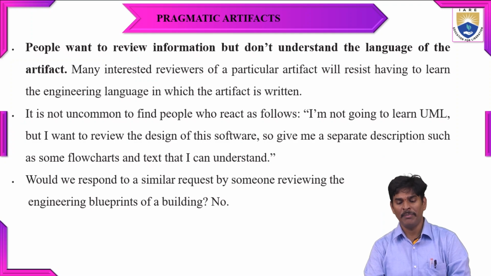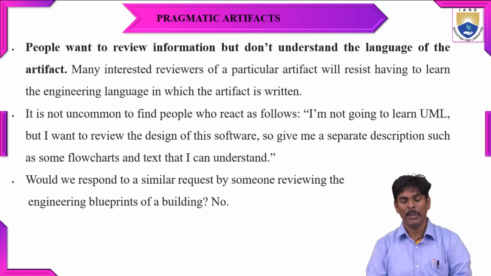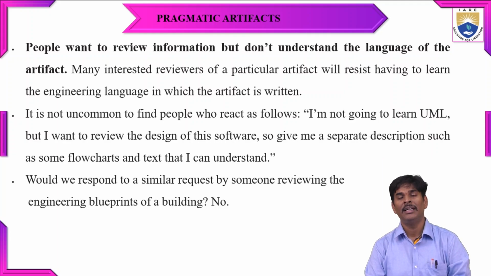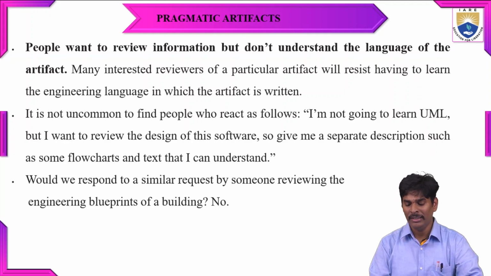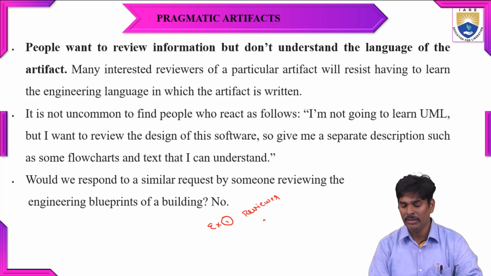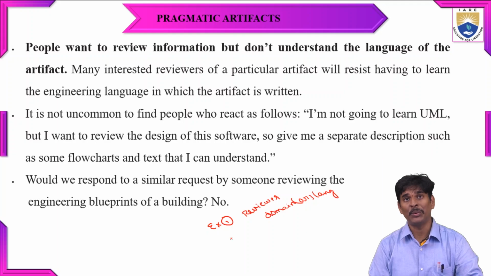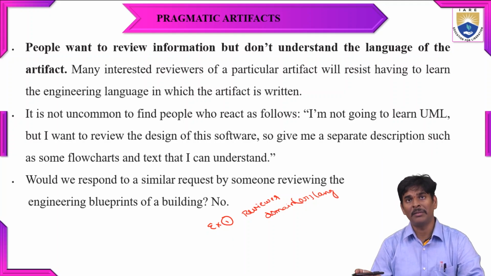Some issues will happen here. The first one is that people want to review information but don't understand the language of the artifacts. For example, if the reviewer doesn't have sufficient knowledge of the particular domain or language, and you send the paper to the reviewer, he cannot understand the content written by the scholars or the students.